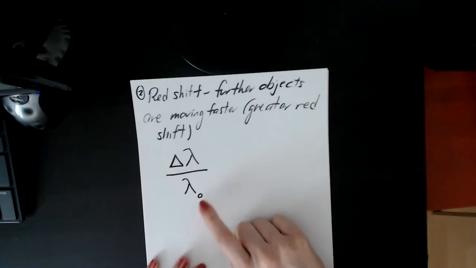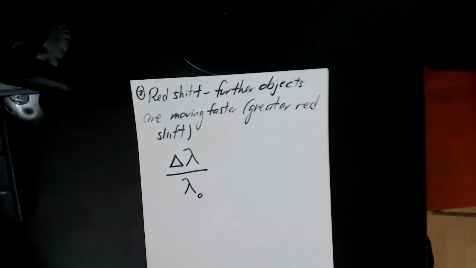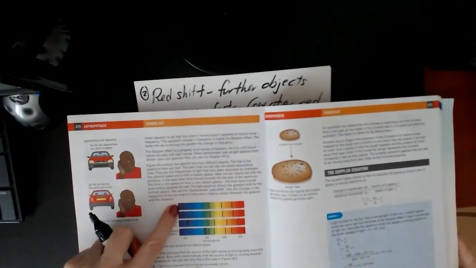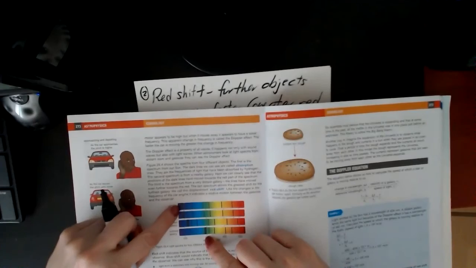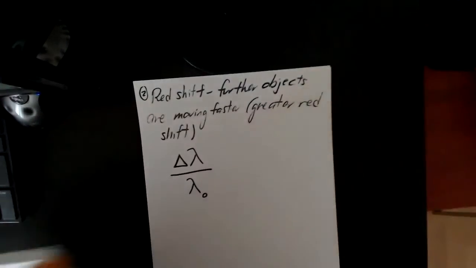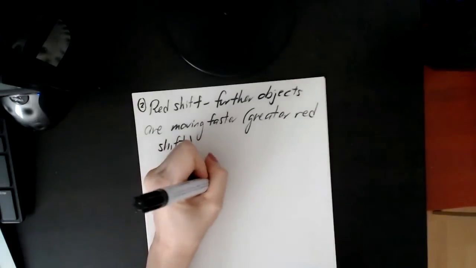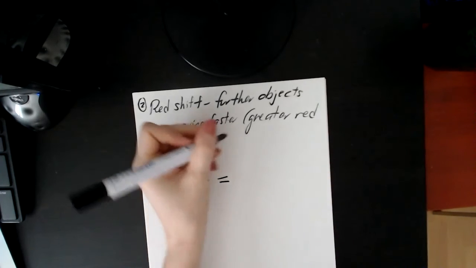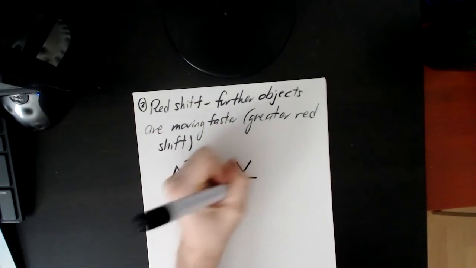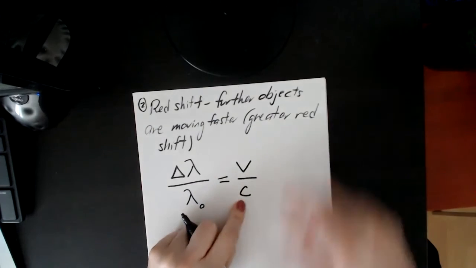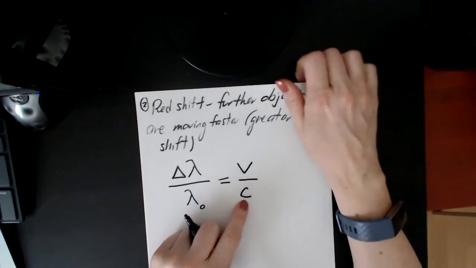This is the reference wavelength. In the example I gave you, that would be the sun, right? So you would have 100, because that's 490 minus 390, divided by 390, which is the reference wavelength for that part of the spectrum. And that is equal to the velocity of the galaxy divided by c. And c, as in E equals mc squared, is the speed of light.